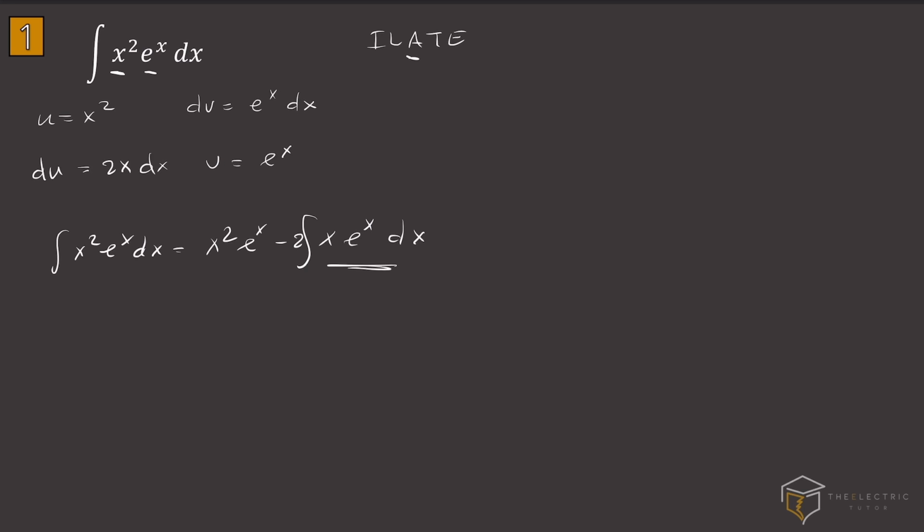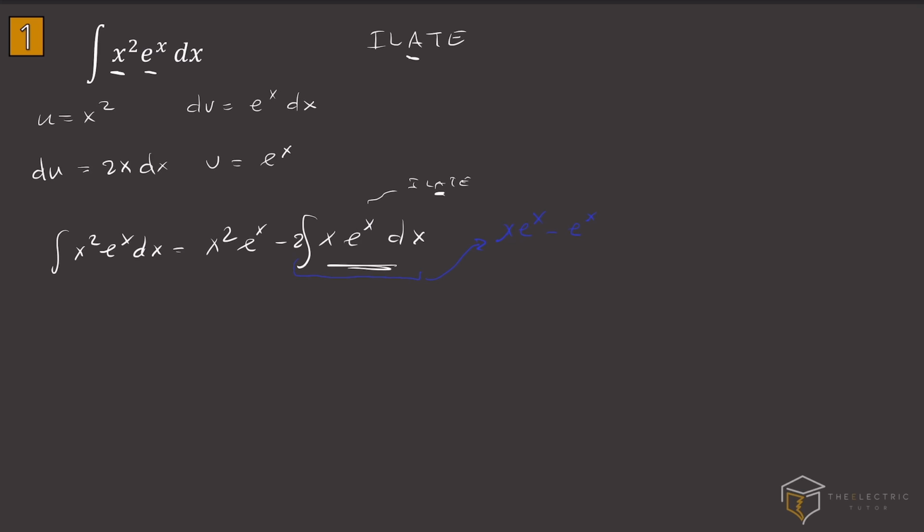However, we do know from our previous video that this needs to be solved using integration by parts, and it would basically be the same thing. We would have to use ILATE again and pick x to be our u because of the priority. Since we've already done this in the previous video, I'm just going to give you the answer for this blue portion. Feel free to watch the other video if you want to know more details.